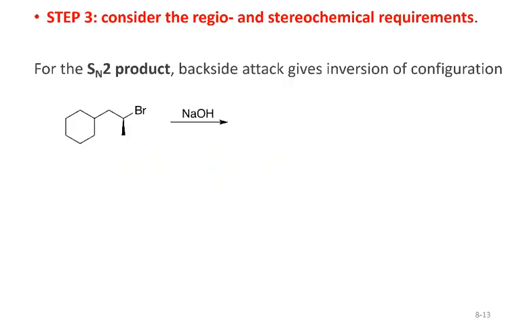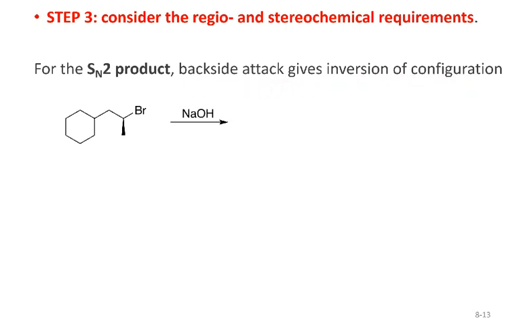Okay, so now we want to consider the regio and stereochemical requirements. Let's do SN2 first, and we'll do E2 on the next slide. The regiochemistry part of the SN2 mechanism is fairly simple: the OH is going to attack the carbon that has the leaving group. For the stereochemistry requirement, remember the SN2 proceeds by backside attack and gives inversion of configuration.